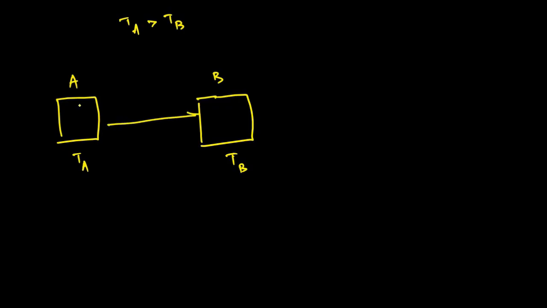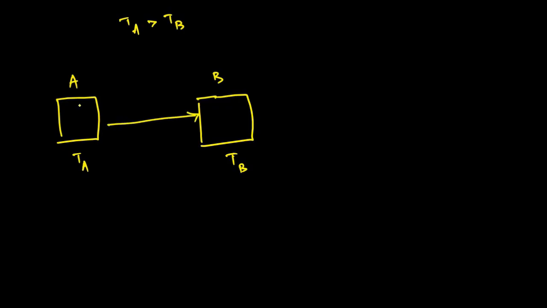Body A is at temperature TA. This is body B, which is at temperature TB. Let's say body A is at a higher temperature than body B. So obviously heat will flow from body A towards body B.